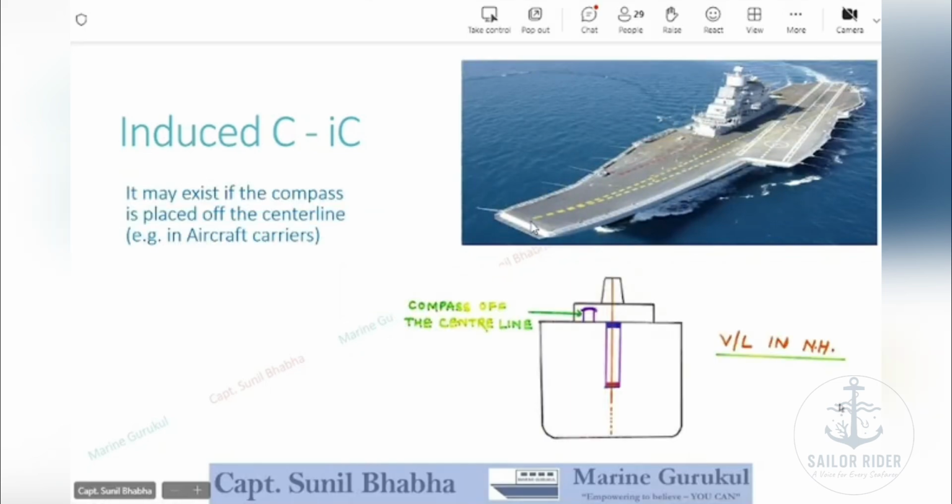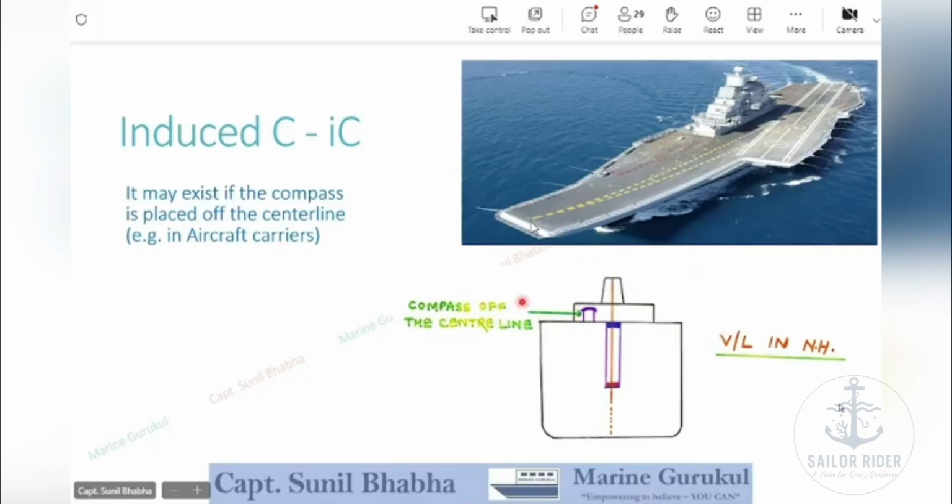This coefficient induced C or IC may be present on special types of ships where the compass is placed off the center line. For example, in ships like aircraft carriers, to provide space for the runway, the bridge is off-centered to starboard or to port, and because of this, the compass location is also not on the center line, but is offset to either port or starboard.